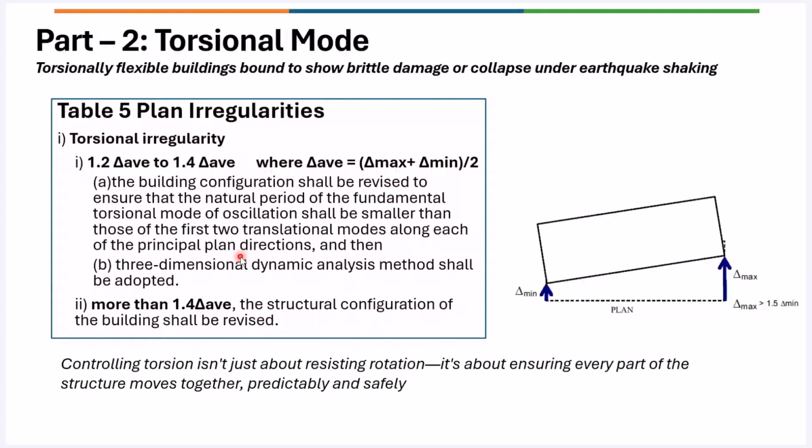We take the ratio of the torsional mode's time period to the translational mode's, T theta divided by T translation. If that ratio is less than 1, then it is stiff enough. If it is greater than 1, then it is torsionally flexible. It means when mode 1 is torsional, then the second or third mode in the denominator is always going to give you a ratio greater than 1, which is a torsionally flexible building.